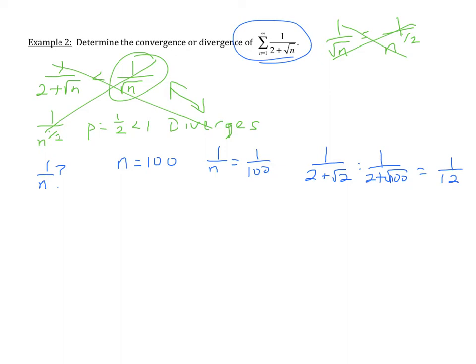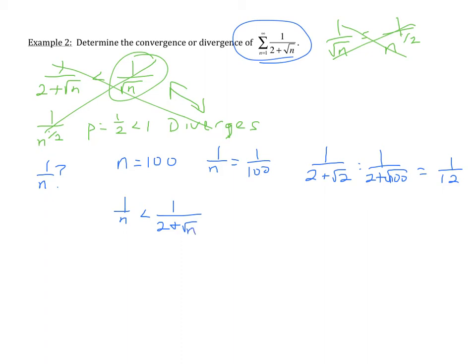So we're looking at 1 over n being less than 1 over 2 plus the square root of n. You probably ought to try a couple more and see if that holds true, and you're going to see that it does in fact hold true. 1 over n is less than 1 over 2 plus, I wrote the square root of 2. Sorry, that should be the square root of n. Okay, and so there's our inequality.